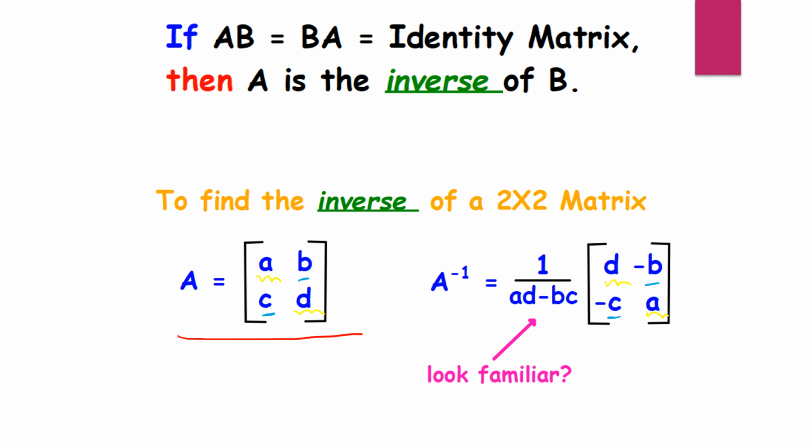And that AD minus BC, do you guys remember what that is? We talked about it in the last lesson. Hopefully you remember that it is the determinant. Okay, so we're going to do 1 divided by the determinant and then multiply that through to the elements of the matrix after I've switched places for first and last and changed signs of the other two.